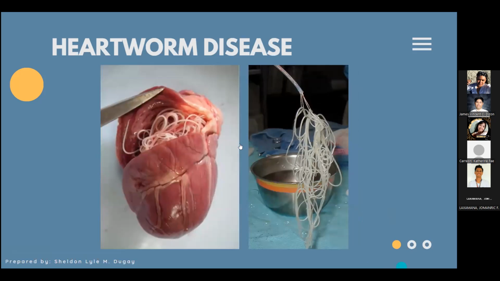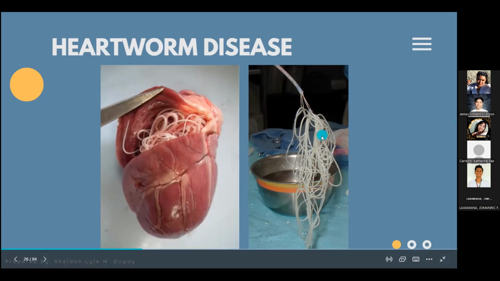Tapos usually, yung iba sa other countries, ginagawa nila is kapag hindi na kaya yung deworm, mag-i-incise sila sa vena cava para may access sila sa heart. Tapos, ayan, kukunin nila gamit itong tube na to, at saka yung mga parang pang-hook nila yung mga worms sa heart.